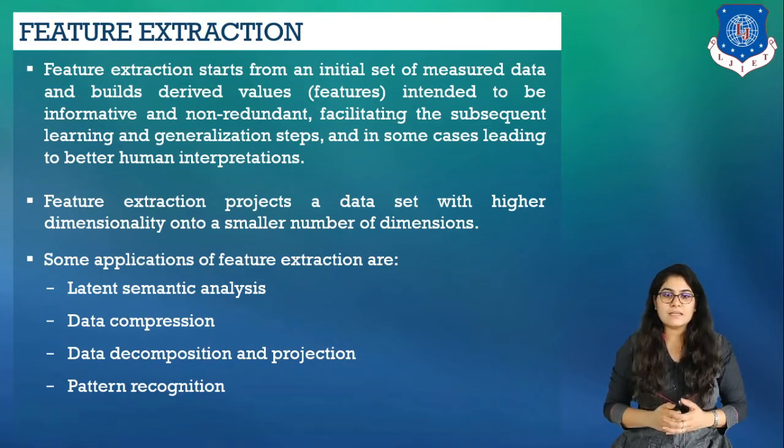In machine learning, pattern recognition and image processing, feature extraction starts from an initial set of measured data and builds derived values, or features, which are intended to be informative and non-redundant, facilitating the subsequent learning and generalization steps, and in some cases leading to better human interpretations. Feature extraction is related to dimensionality reduction. Feature extraction projects a data set with higher dimensionality onto a smaller number of dimensions.